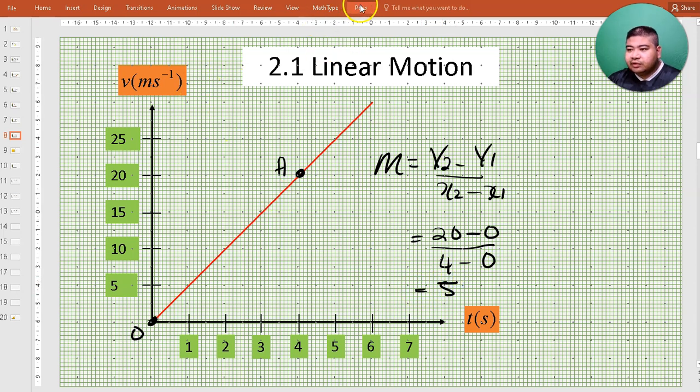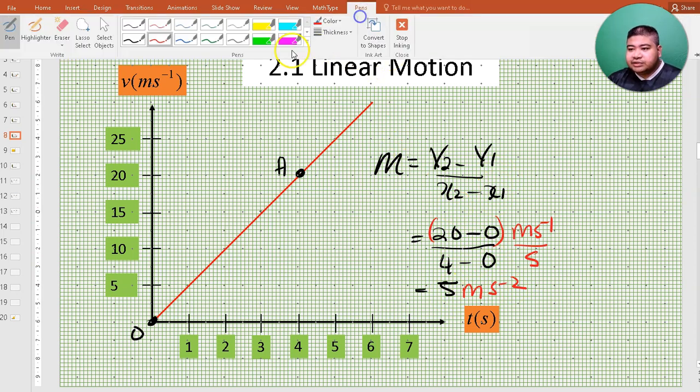For the unit of the gradient, we have to look at the unit for the y-axis, which is meter per second, and the unit for the x-axis is second. If we divide meter per second by second, we get m s^-2. This is actually the unit for acceleration.